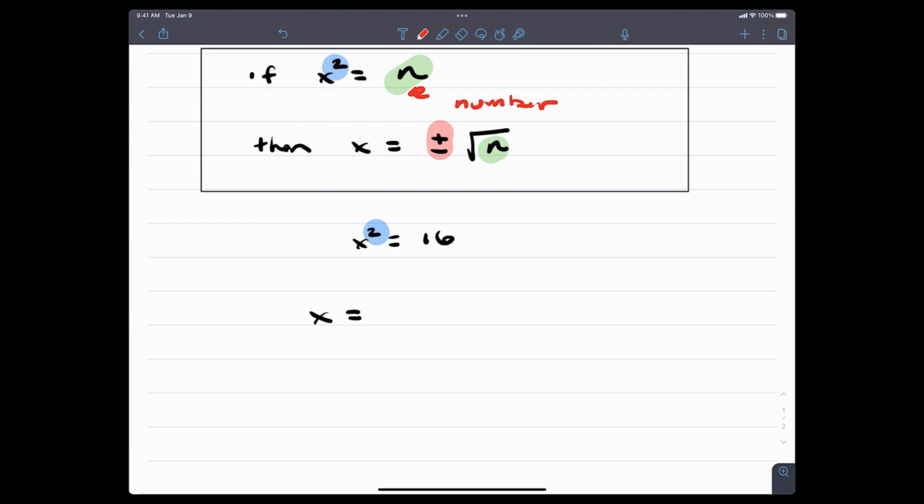It says x is plus or minus, good. And then square root. And what's under the radical? You see that number? 16 goes right in here. So you're going to have to tell me what the square root of 16 is. Good. You guys know it's 4. Outstanding.